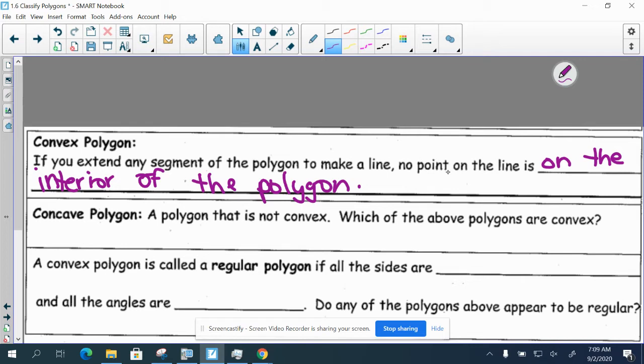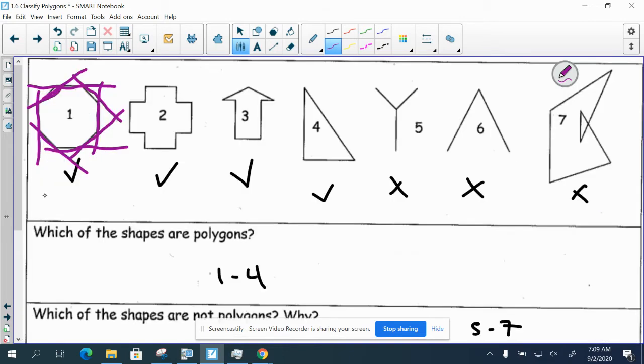So the line will not cross through the polygon. It won't cut through. So which one of these would be considered convex? Well, number one, this would be convex.